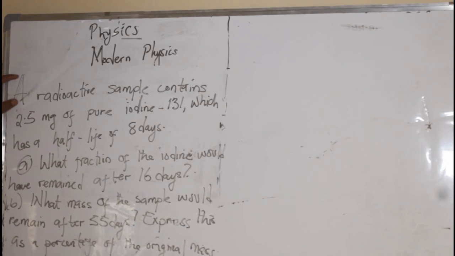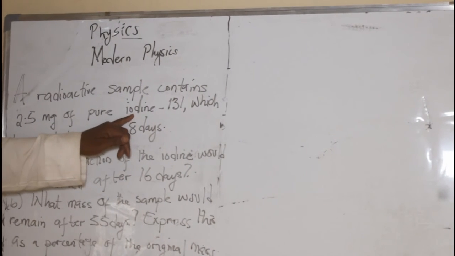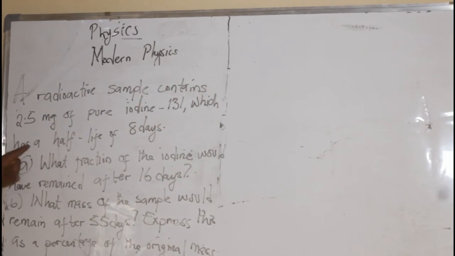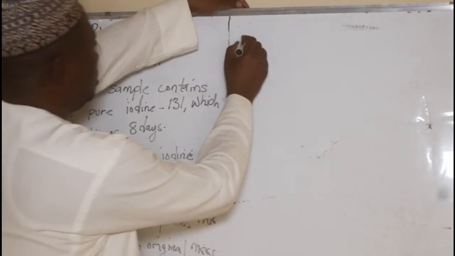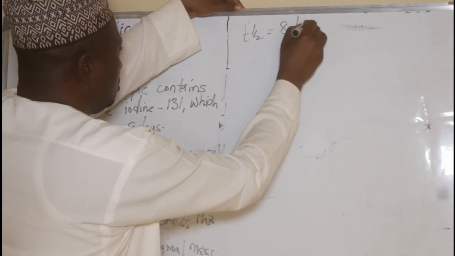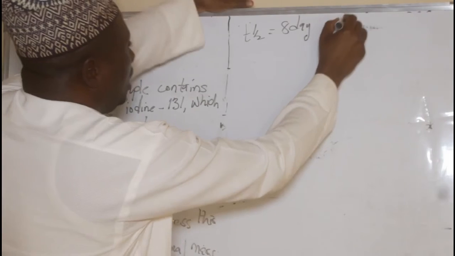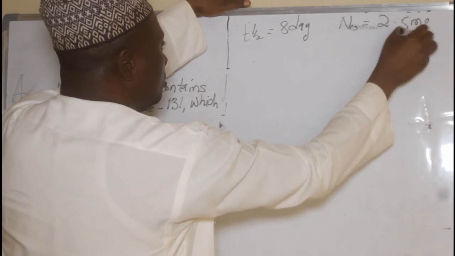We have a radioactive sample which contains 2.5 milligram of pure iodine-131, which has a half-life of 8 days. T half equals 8 days. N naught equals 2.5 milligram.